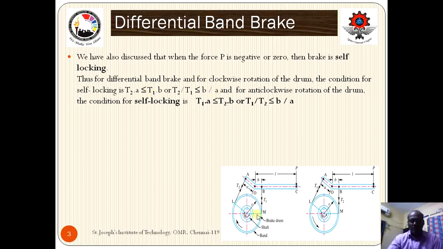This value T2 into A should be less than T1 into B. And for anti-clockwise rotation, T1A should be less than T2B. Always be careful, this length should be more than this length. If you keep more length like this, it may self-lock even if you are not applying the force P.